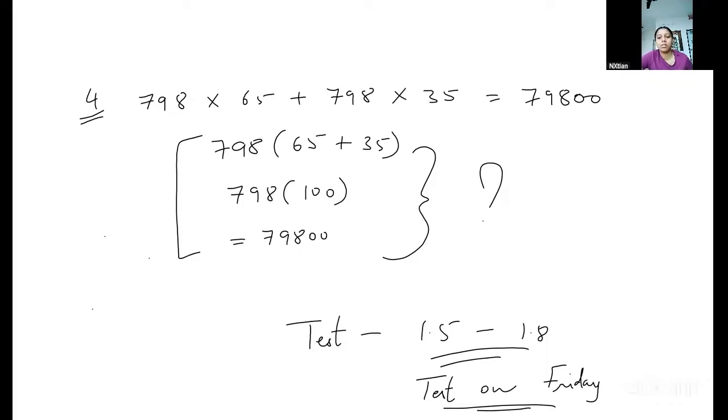So the math test of 1.5 to 1.8 is on Friday, and the science test of lesson 3 is next week, Tuesday. Emma, if there's any doubt in the science portion also, just let me know, I can explain again. Okay, that's all for today, guys.